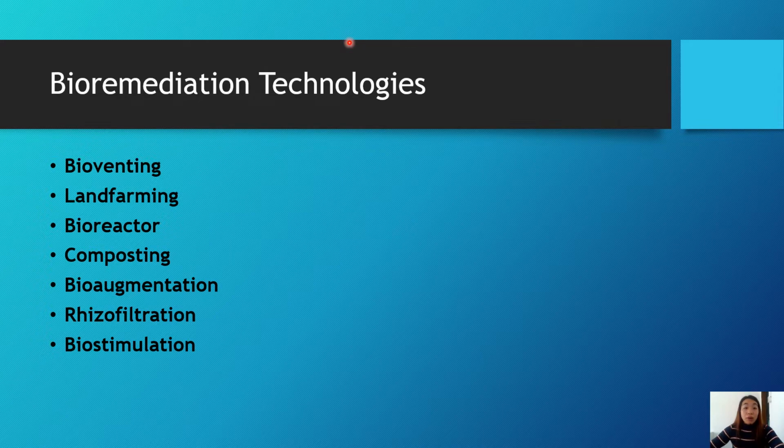In bioventing, this is an in situ practice, which is an on-site remediation technology that uses microorganisms to biodegrade organic constituents in the groundwater system.